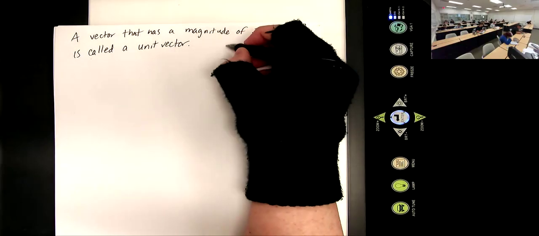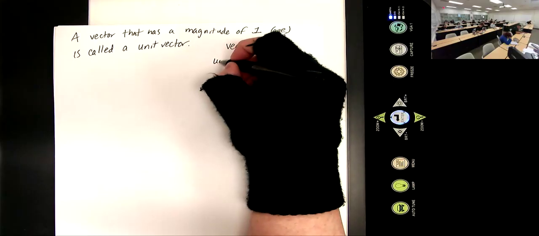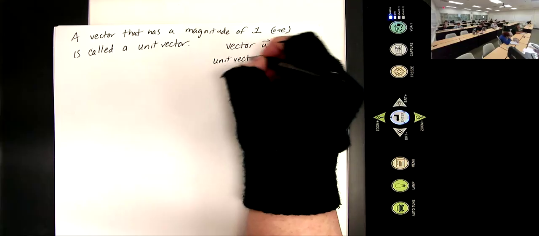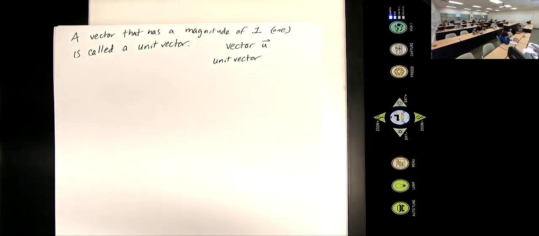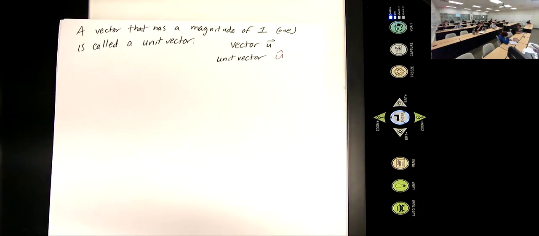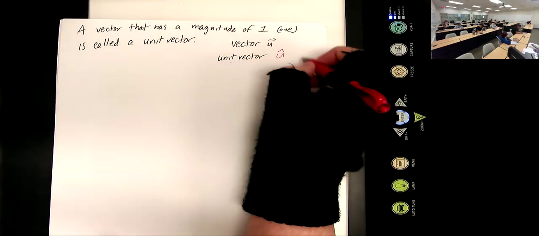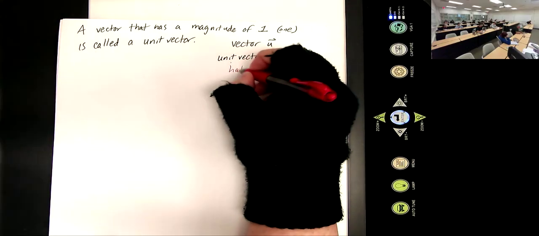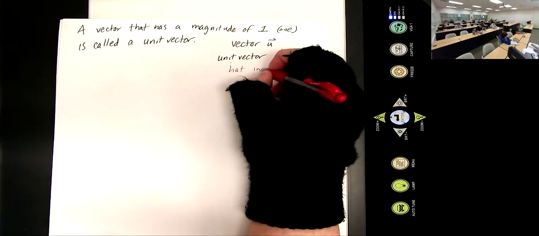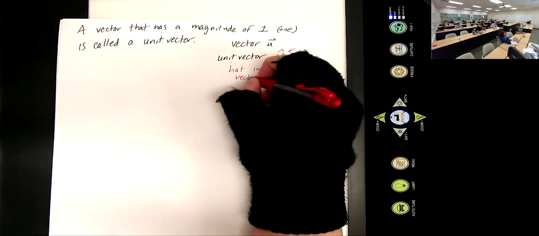Like vector u, we had vector u. A lot of times for a unit vector, they put a little hat on it. That's how they distinguish a unit vector from a regular vector. When you see the little hat on it, the hat indicates a unit vector, which is a vector with a length of 1.